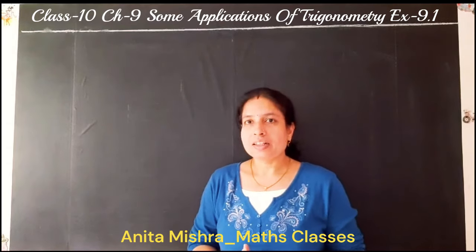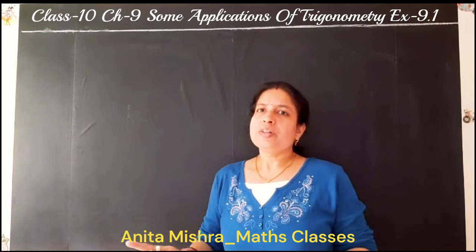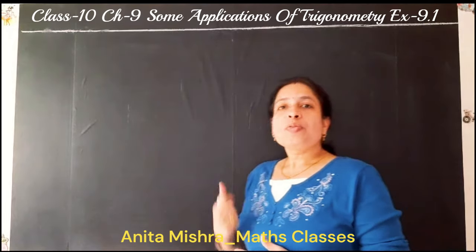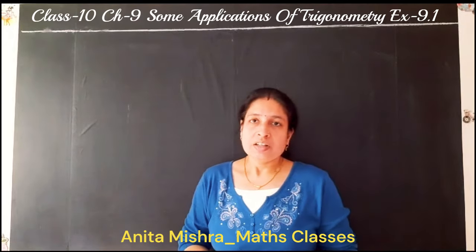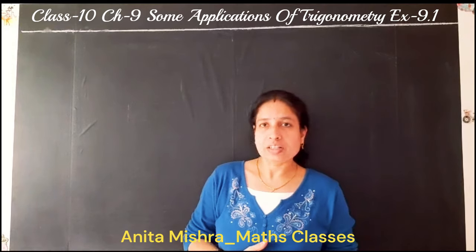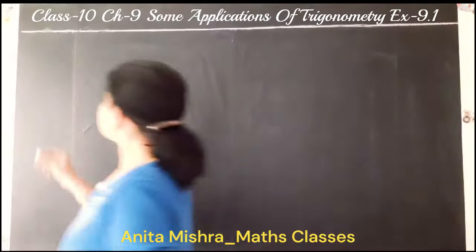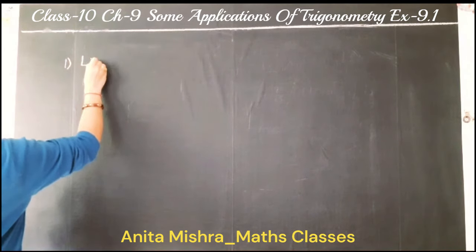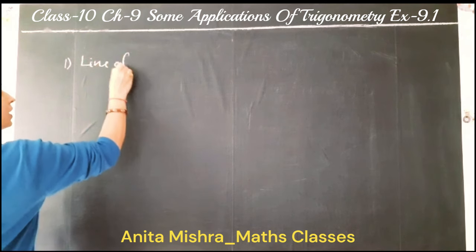So let us start this chapter. This chapter is based on height and distance. So before going to start the exercise, we should know some important points related to this chapter. First one is line of sight.